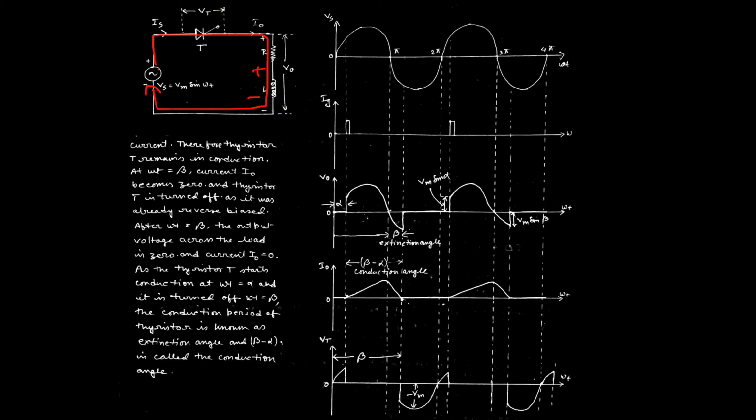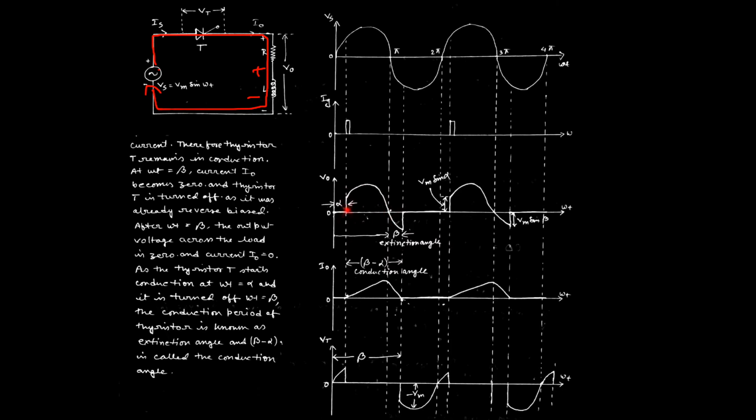When the supply voltage goes positive and reaches a particular value, additionally we apply the gate pulse across the gate with an angle alpha. Then when the thyristor is fired, the output voltage will be reflected from the supply voltage in this way.